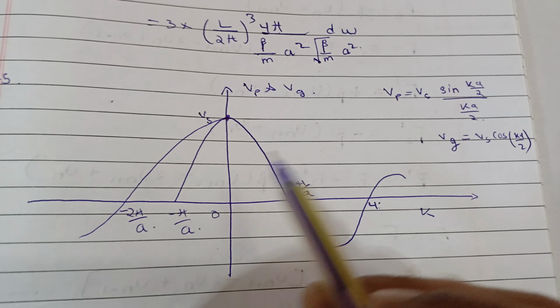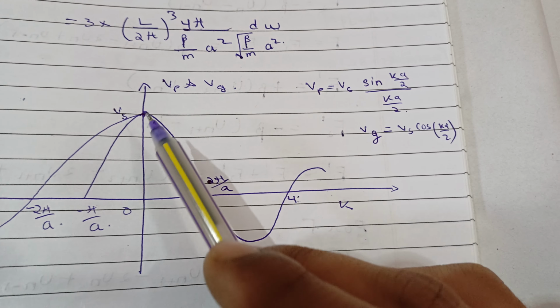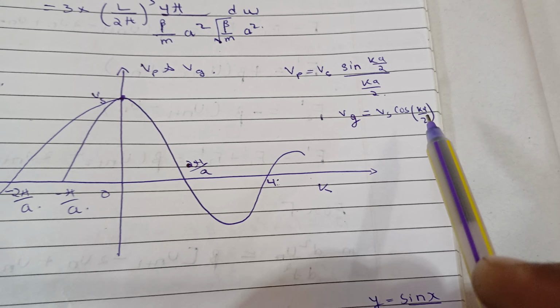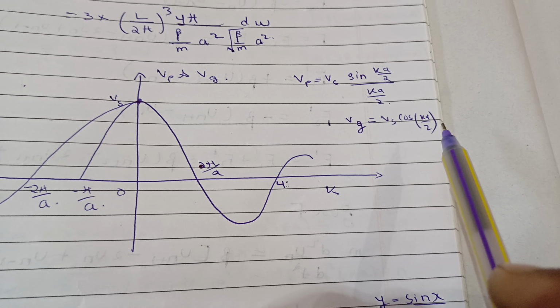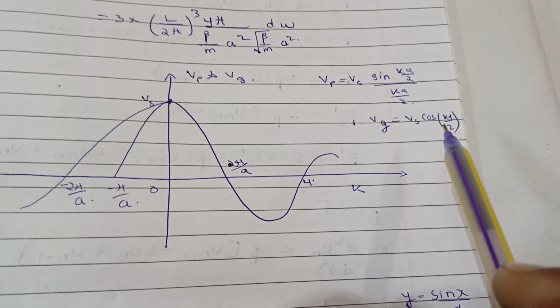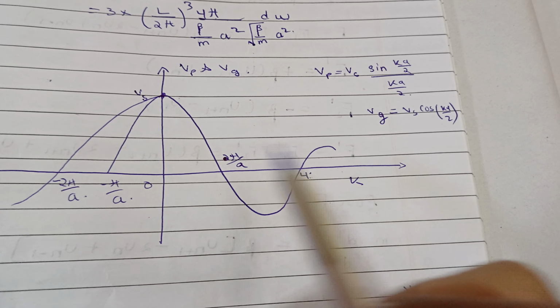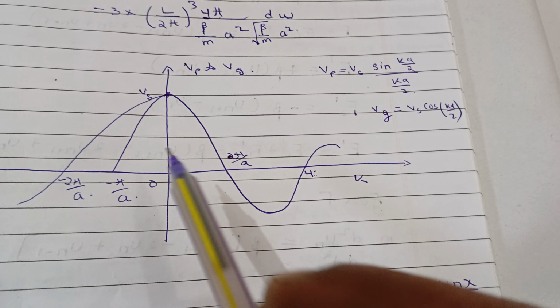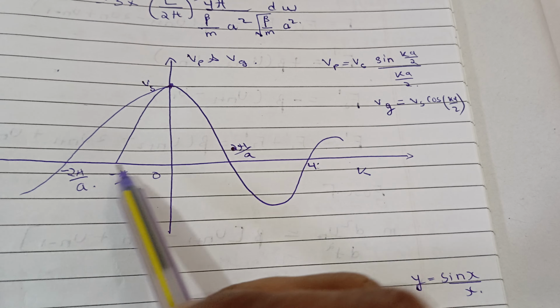Now for Vg, we found the maximum value at k equal to 0, which is Vs. It will be 0 when ka by 2 equals (n plus 1) pi by 2. So we get from here that it will be 0 at pi by a, and at minus pi by a on the negative side. You can get the others also by putting in the n value, but we only need the curve between minus 2 pi by a and 2 pi by a.